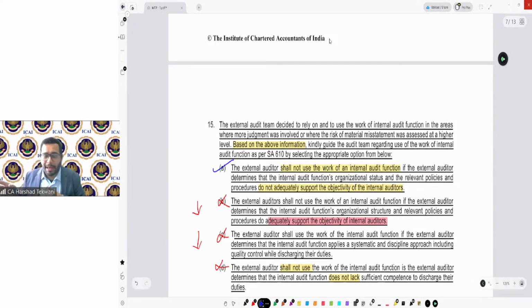When you go to the exam, you need to understand what the marks are and what the content of that question paper is, what questions you need to write about and what questions you need to think about, and accordingly plan everything.